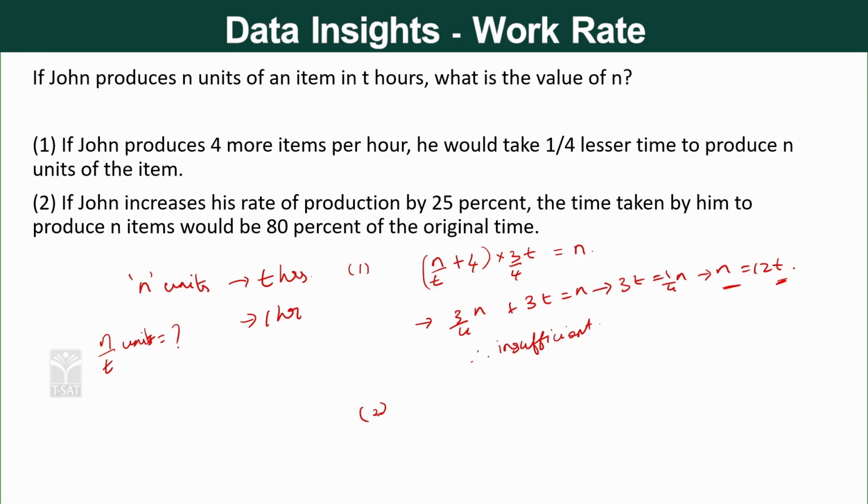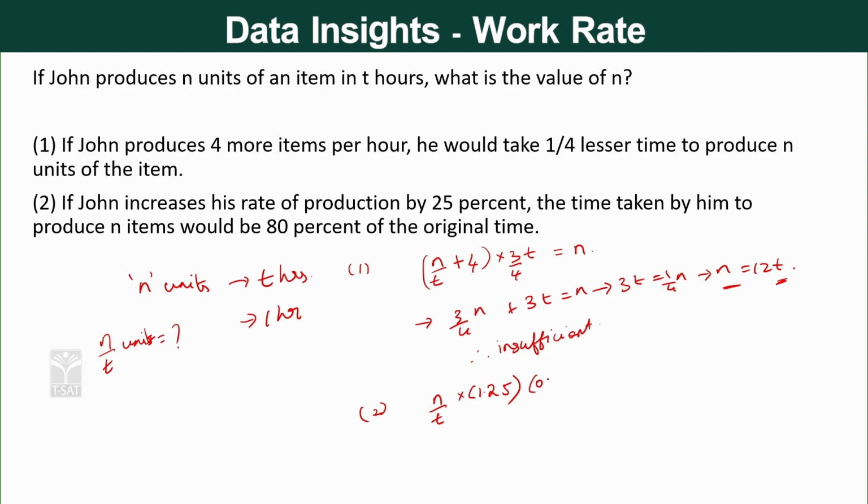Statement 2 says, if John increases his rate of production by 25%, the time taken by him to produce n items would be 80% of the original time. So, if n by T is your efficiency, increased by 25%, that is 1.25, it becomes 1.25 times, and the time taken by him to produce n items would be 80% of the original time.